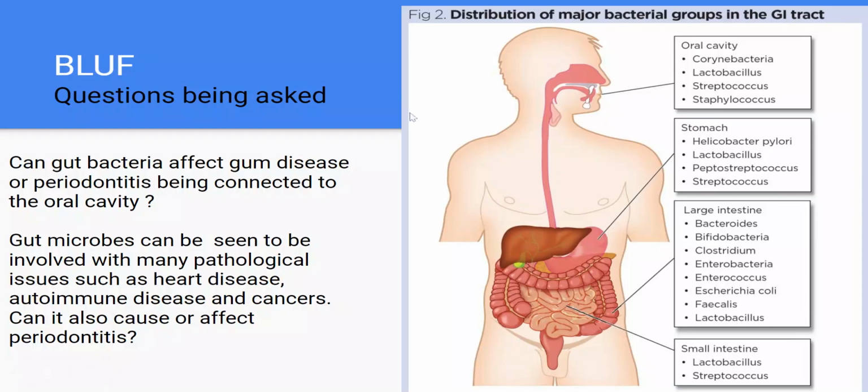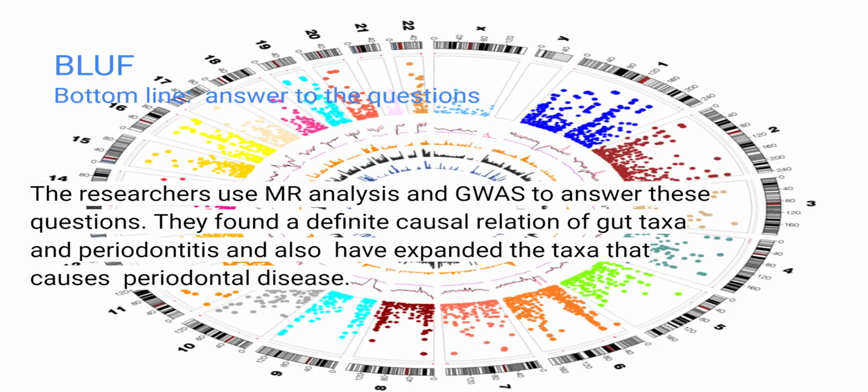And here you can see in the diagram that the oral cavity is connected to the stomach. So it's all our GIT. The gut microbiomes are connected to the oral microbiomes in some way, and we will study that here.